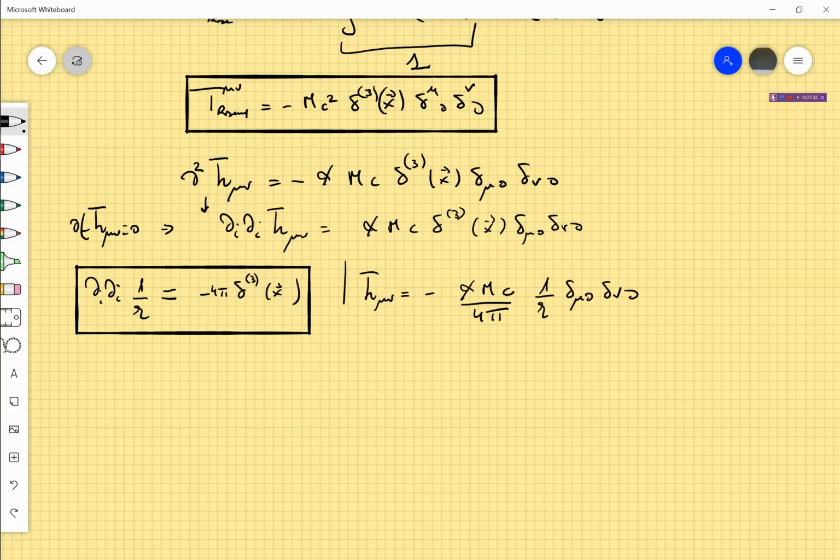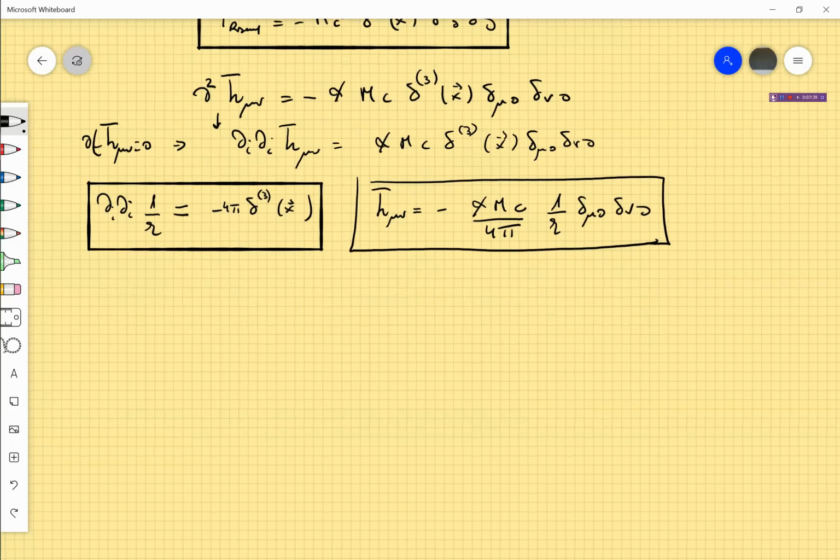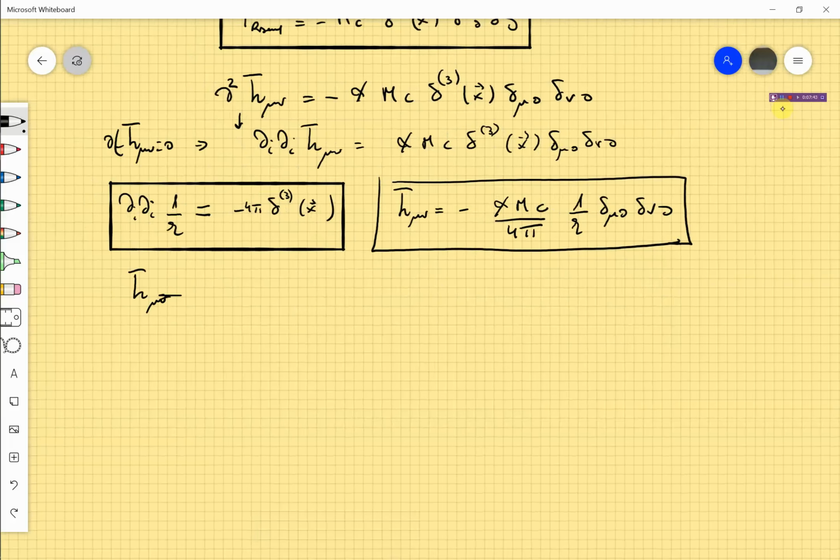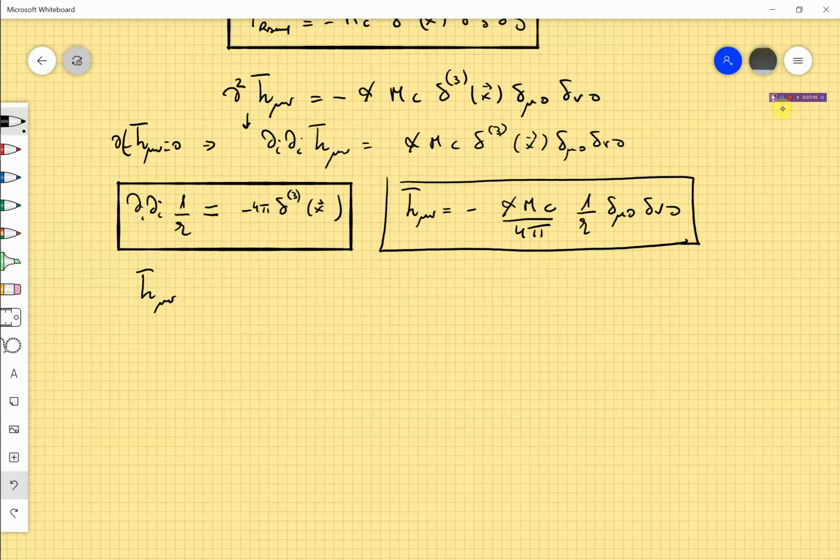So this is automatically the solution to this equation, because h bar mu nu is defined as h mu nu minus half eta mu nu h.